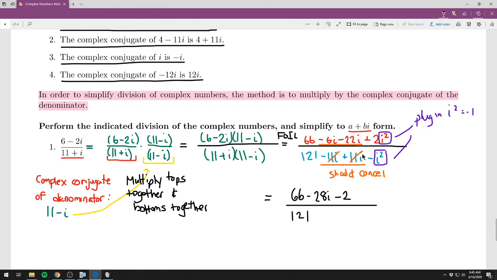The negative 11i and positive 11i cancel out, and we got negative i squared, negative 1 is positive 1. And now continue simplifying each thing. Don't try to interact with the top and bottom yet. So 66 minus 2 is 64 minus 28i over 122.